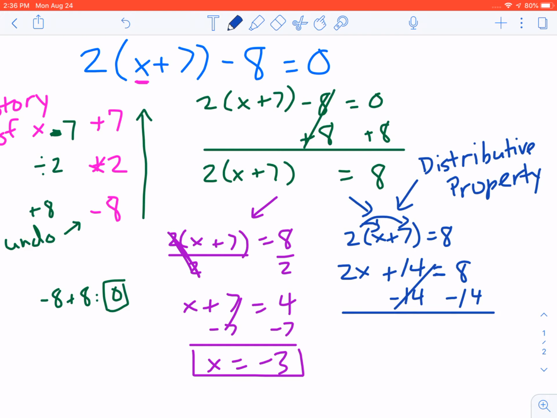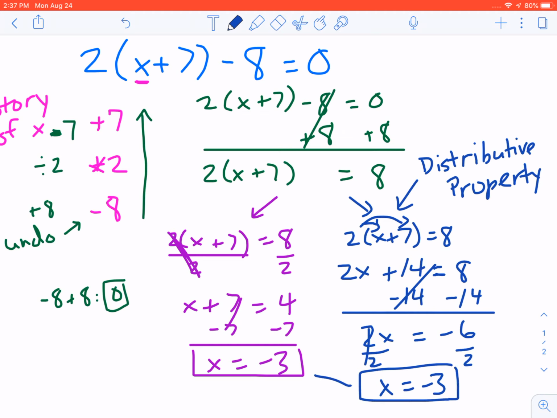Remember that we do that because when I subtract 14 here on the left side, it's 14 minus 14, which is 0, which gets rid of it completely. This gives us 2x equals negative 6. And then the last step, this is 2 times x, right? So we're going to divide each side by 2. Negative 6 divided by 2 is negative 3, and you will notice that we get the same answer regardless, okay?